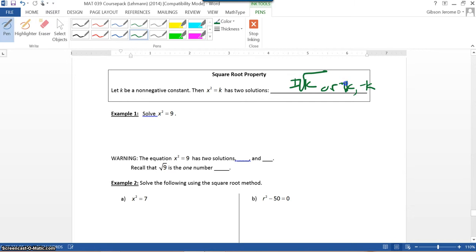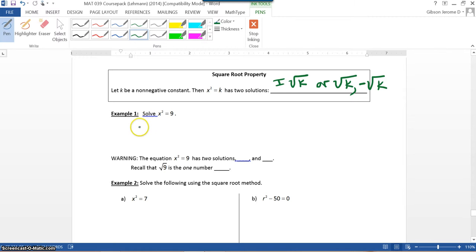Well, let me erase this and rewrite this properly. This would be plus or minus the square root of k, or you could write it as the square root of k, comma negative square root of k.